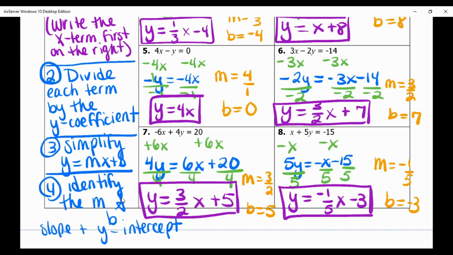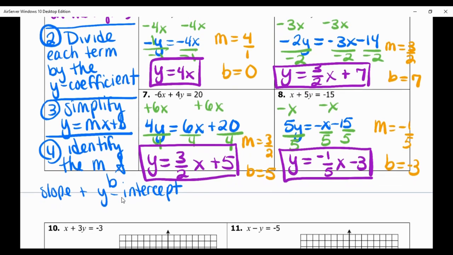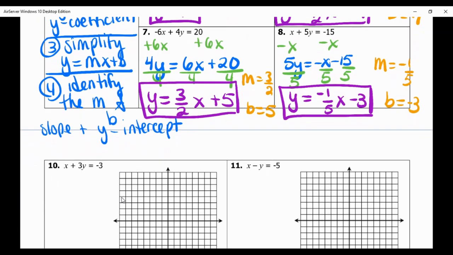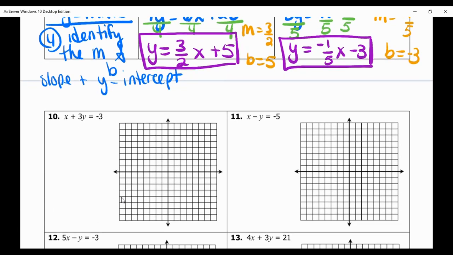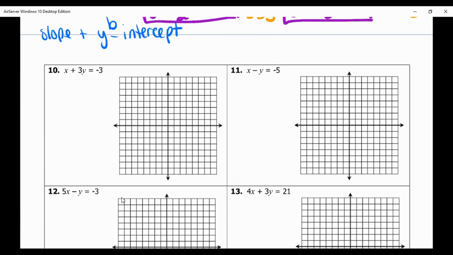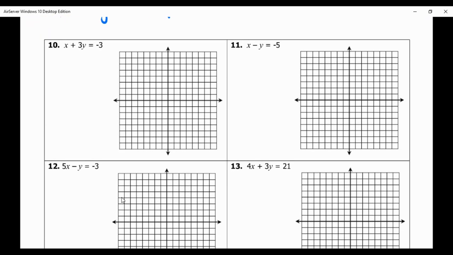So now what we're going to do is use this concept, and we're going to take it one step further and graph linear equations in slope-intercept form that aren't currently in slope-intercept form. Okay, so first we want to write the equation in slope-intercept form.